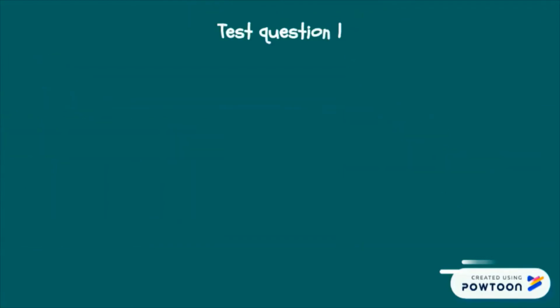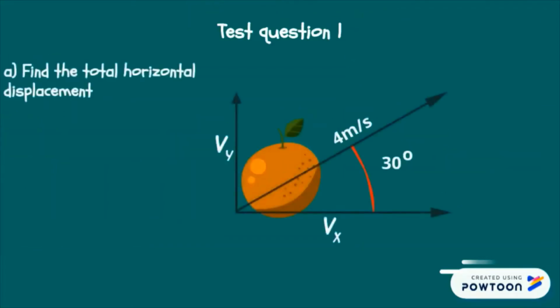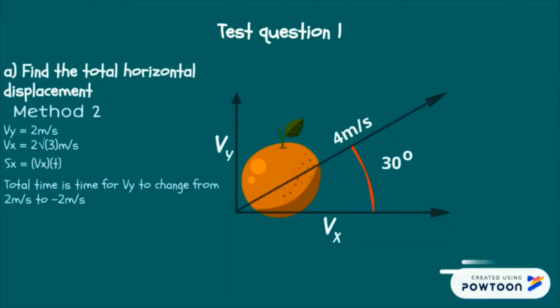Let's use what we've learned for our second approach to this question. So we know that the total time the orange is in motion is the time taken for its vertical velocity to change from 2 meters per second to negative 2 meters per second.